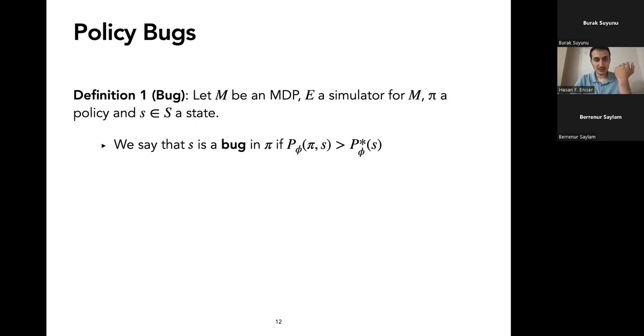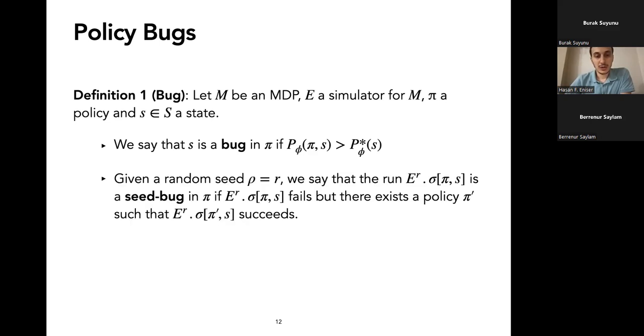We say that S is a bug in the policy if the probability of failure of the policy on S is higher than the probability of failure with the optimal policy.